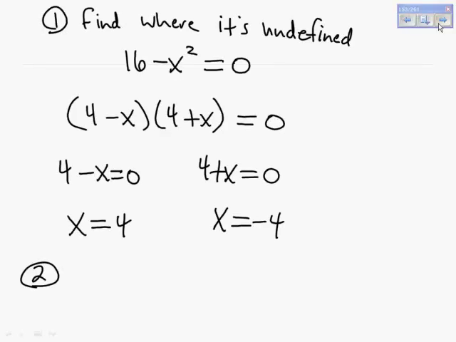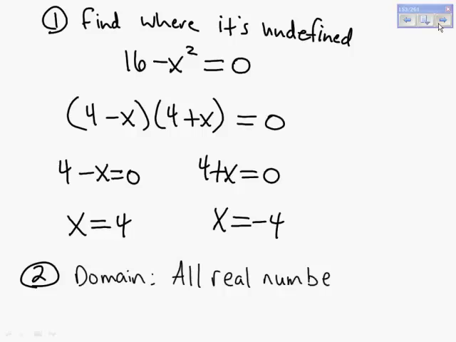So when I write my domain, this is how I write it every single time. My domain is all real numbers except where my function's undefined. And where my function is undefined is at x equal to 4.